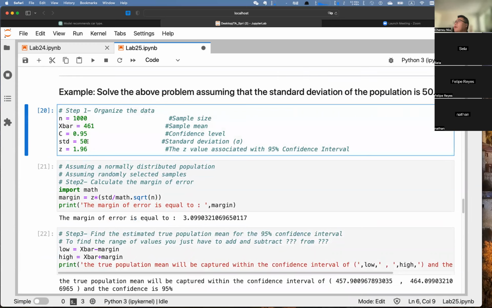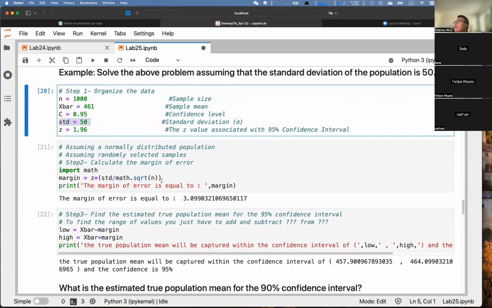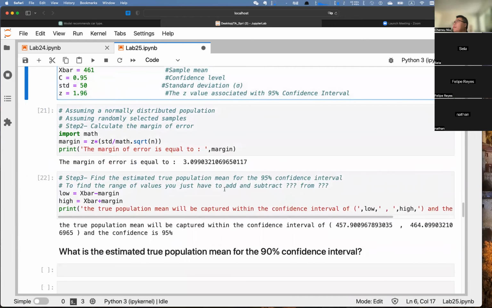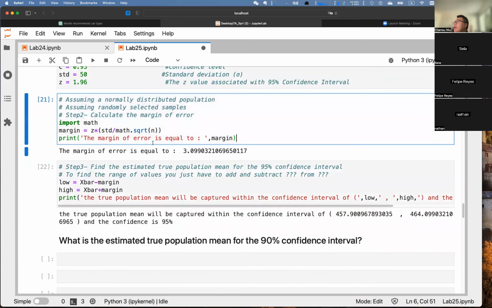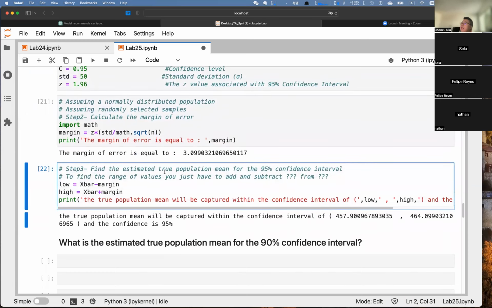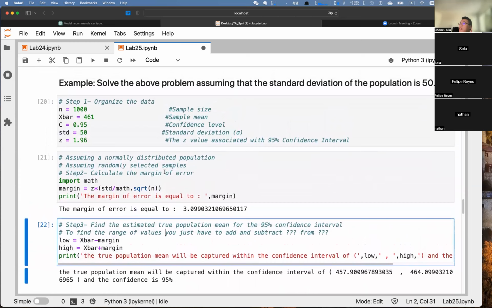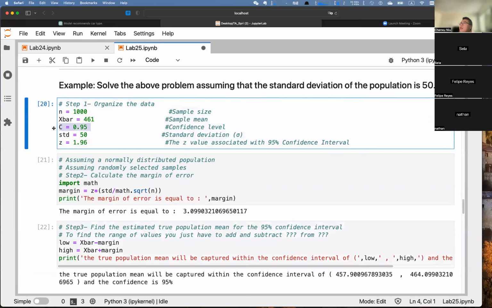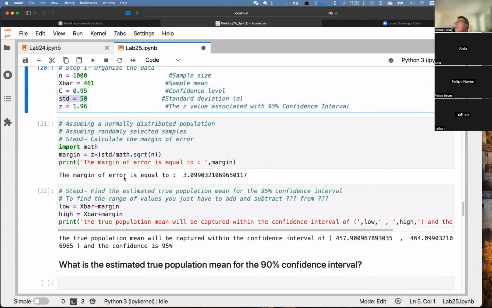The value, but the standard deviation is different, right? And after that, the margin would be different. The last one is different too. They are similar, but the only difference is the different parameters when you organize the data. Sample size, we changed. Confidence level, standard deviation, we changed a lot.